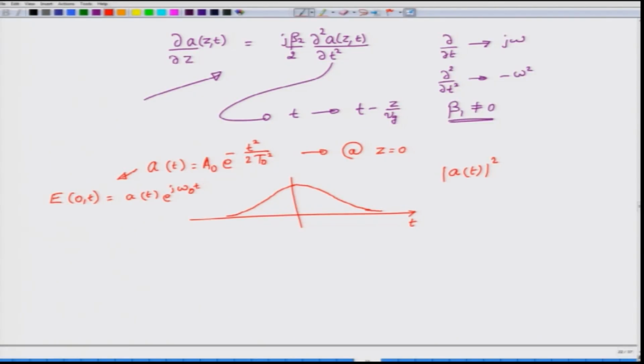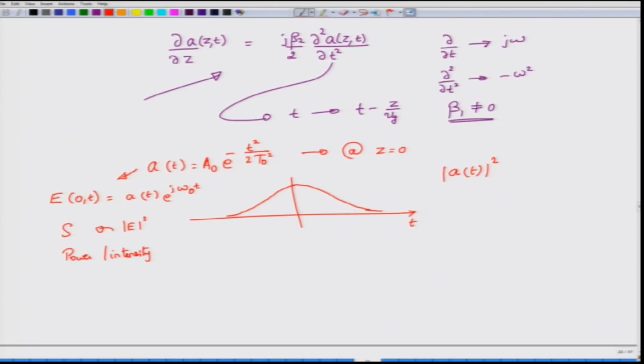So, this is actually the electric field that is propagating in the fiber, and therefore, when you take the magnitude square, you are actually taking the magnitude square of the electric field, which we know from our discussion of the Poynting vector to be associated with the power density, or if I also integrate it over the cross section, I will actually obtain the power. Equivalently, I can also think of power as intensity, because they are related to each other, right. So, this is the significance of this pulse envelope.